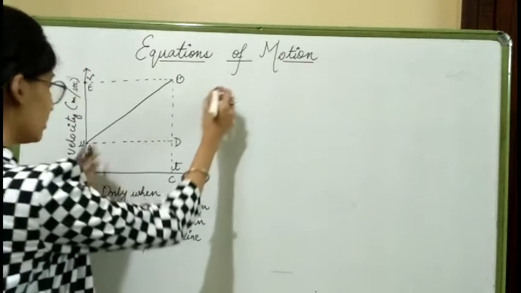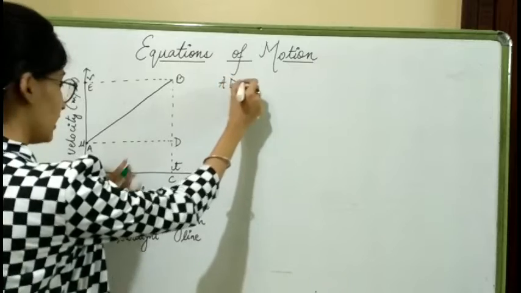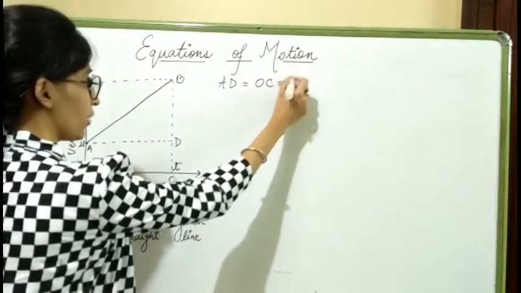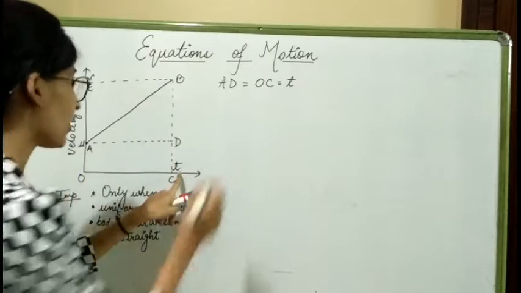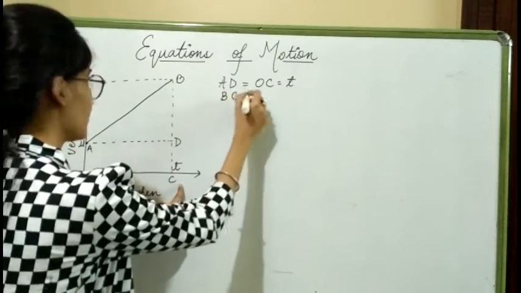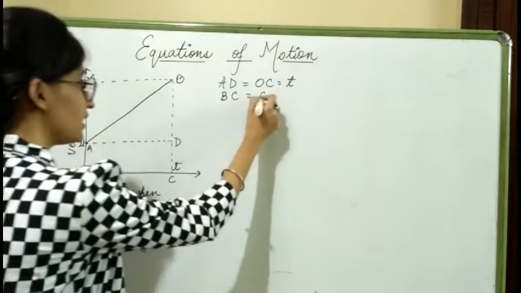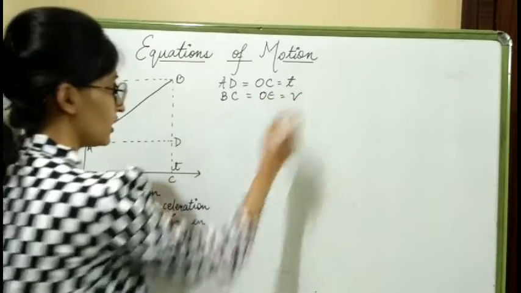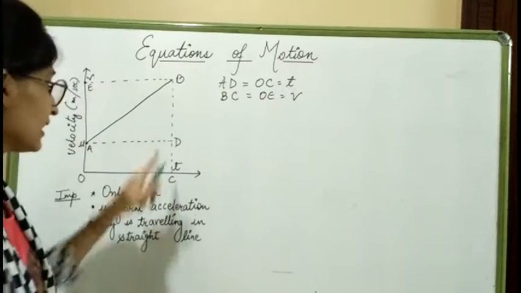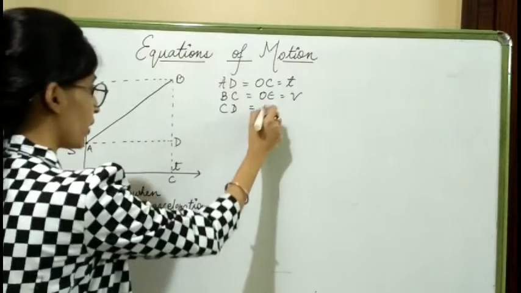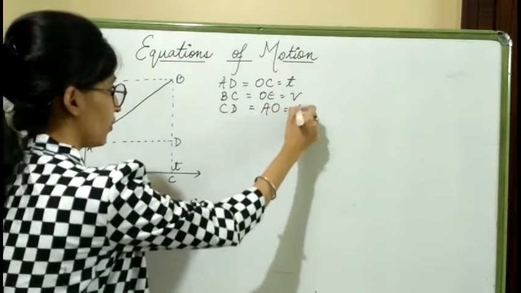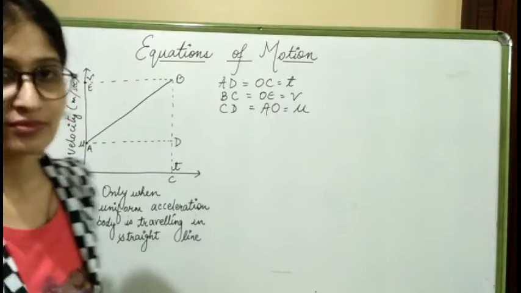I can write here AD equals OC equals t. Next, we can write BC equals OE equals v. Next, CD will be equal to AO equals u.